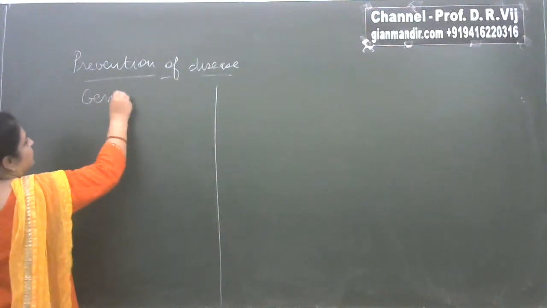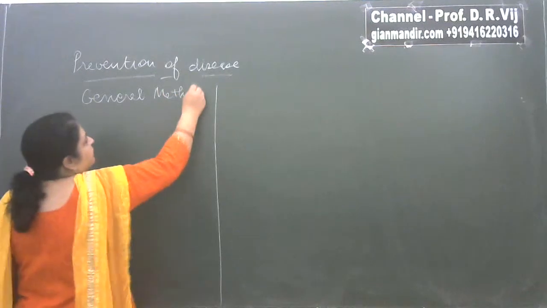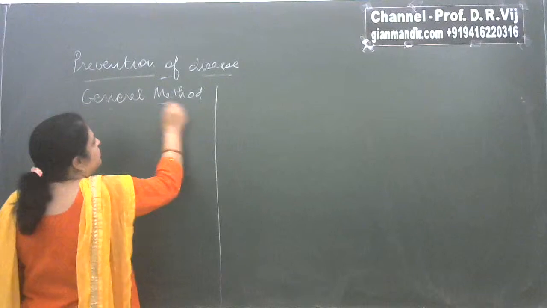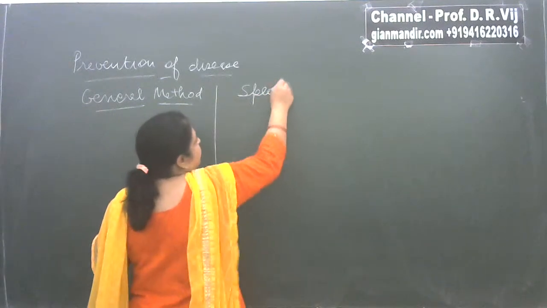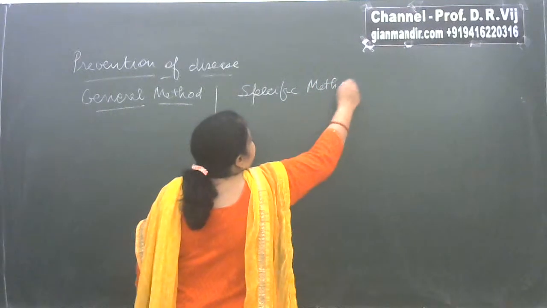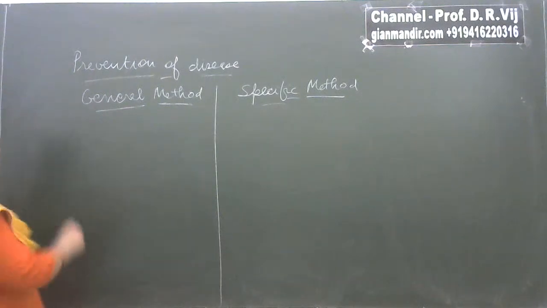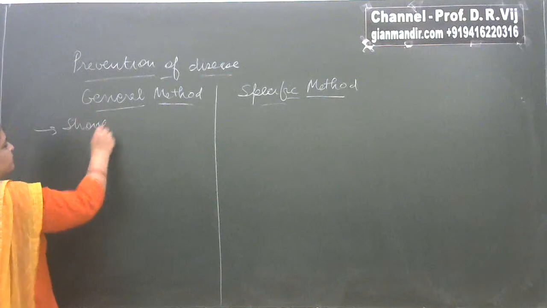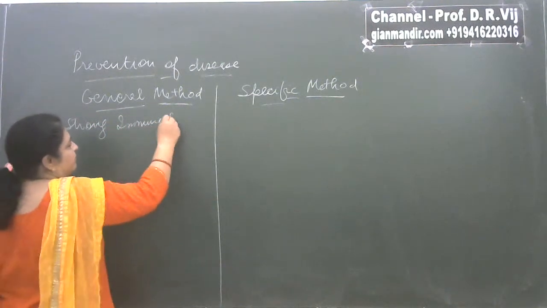So, if you talk about prevention of disease, there are two ways. One is the general method and another one is a specific method. If you talk about the general method of prevention of disease, first of all, what we all should do is develop a strong immune system.